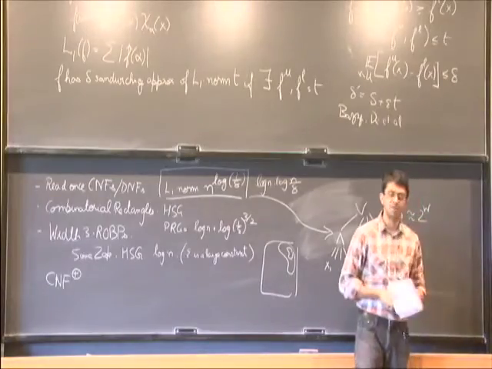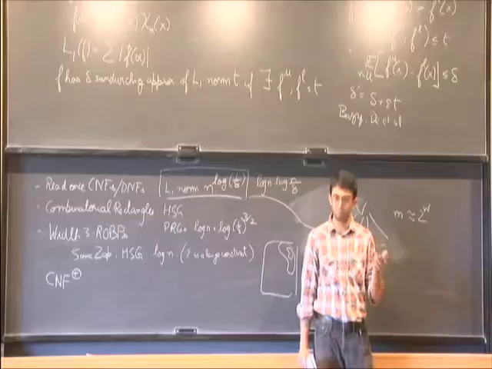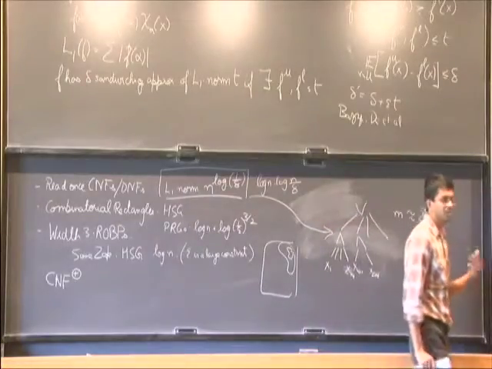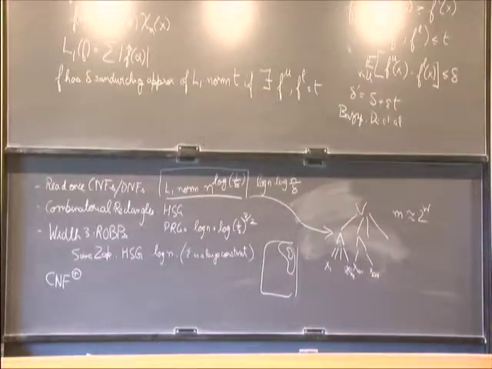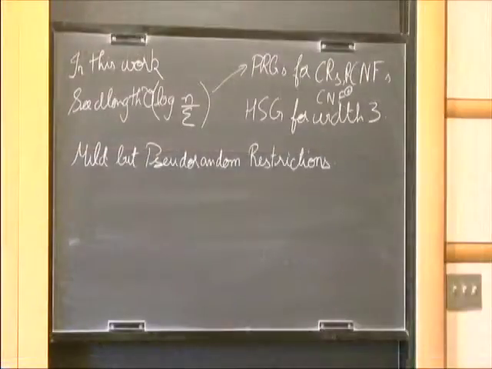Also, as Raghu pointed out to me just this morning, if you want a hitting set generator for width 4, you better be able to hit width 3 programs which have very small accepting probability, because I could have a width 4 program which is just the OR of many identical copies of this width 3 program. All right, so that concludes the long introduction.